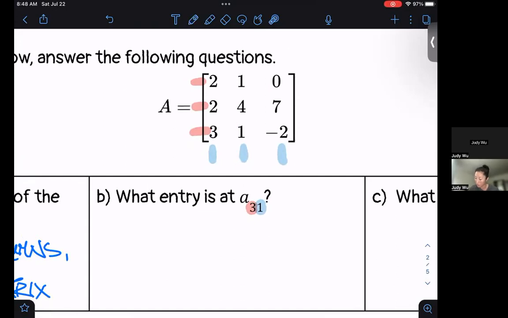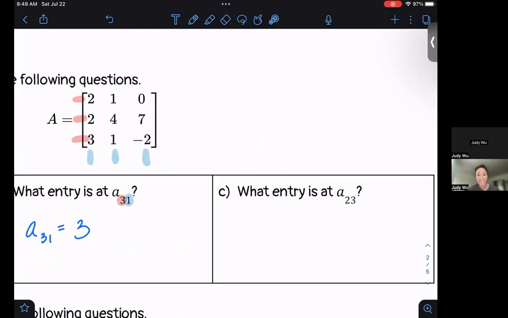I'm going to go to the 3rd row. So I know I'm going to be looking in this row, and I'm looking in the 1st column. So that's going to get me here. So we would say that A31 is really 3 because the entry in the 3rd row and the 1st column is 3.